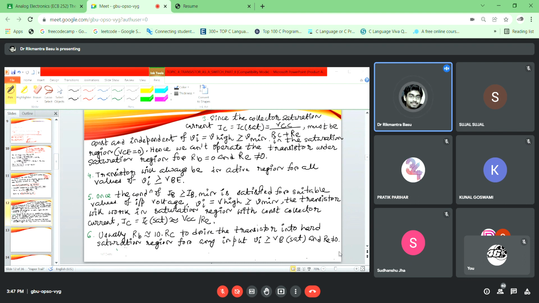Then you have to do the simulation to narrow down or to cross verify your theoretical result. And once you have cross verified through your simulation that the range whatever you are projecting is more or less fine, then you have to jump to the practical experiment.